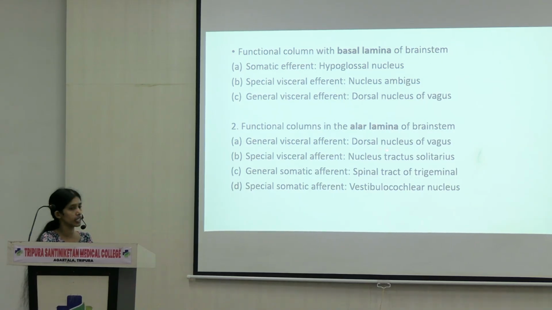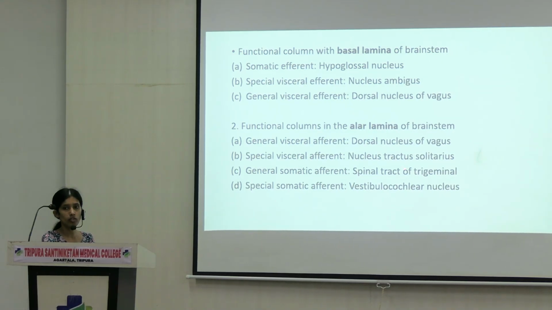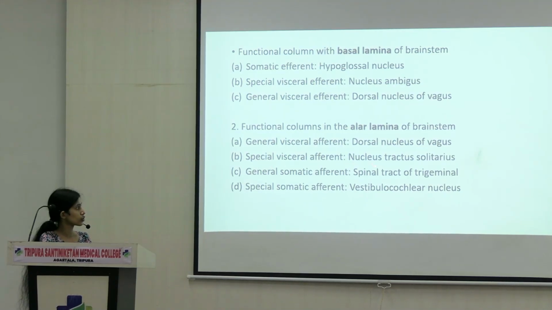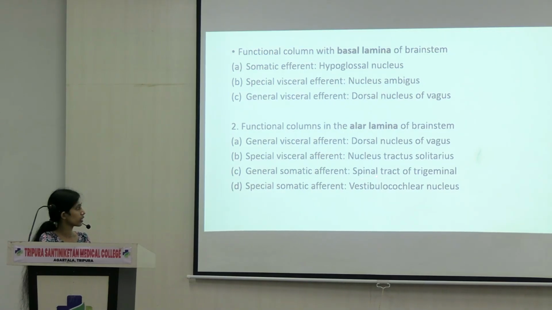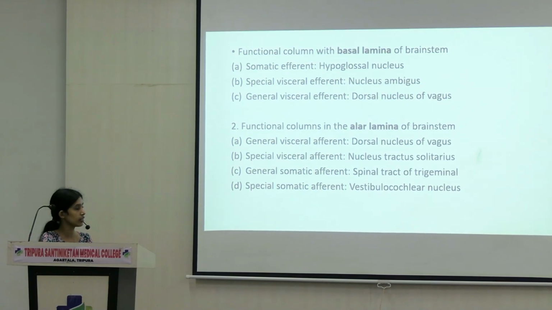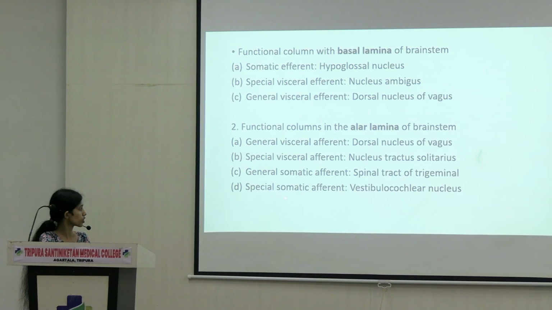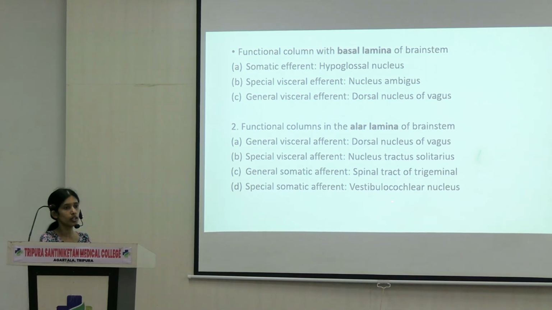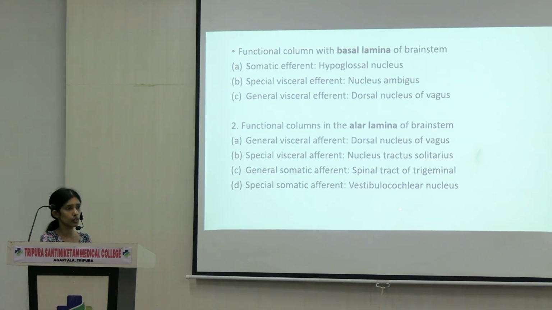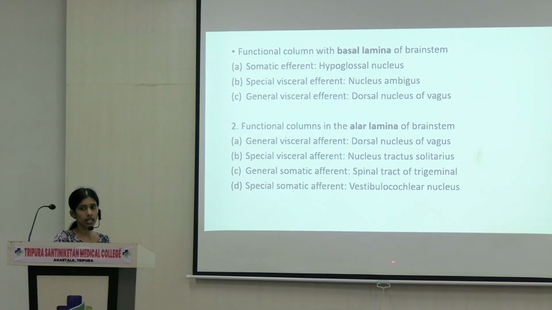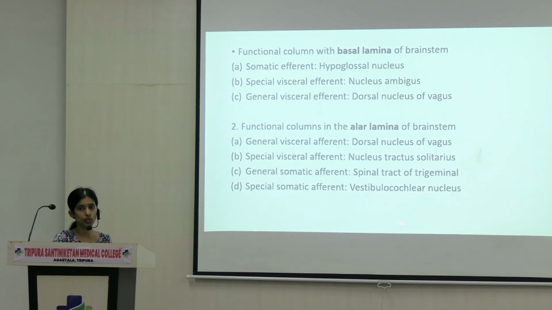So they both contain the dorsal nucleus of vagus. Okay. The special visceral afferent contains the nucleus tractus solitarius. The general somatic afferent contains the spinal tract of the trigeminal nerve, and the last one, the special somatic afferent, contains your vestibulocochlear nucleus. Okay. These are the important nuclei you should know, and also the cranial nerves.